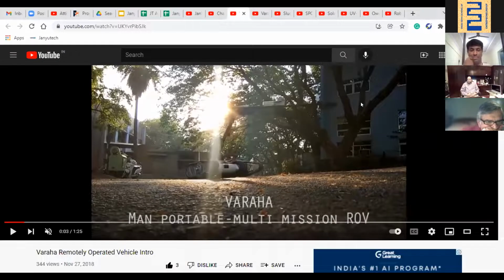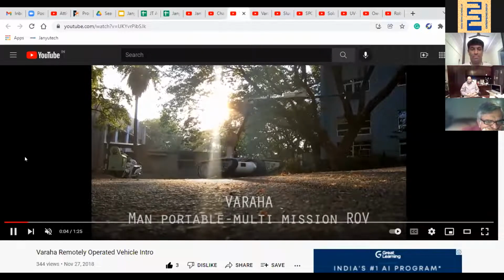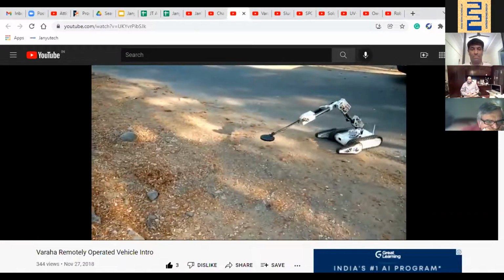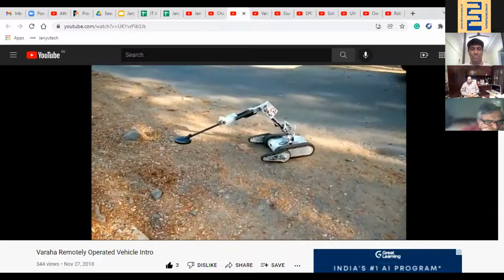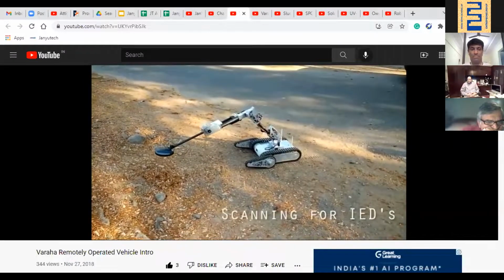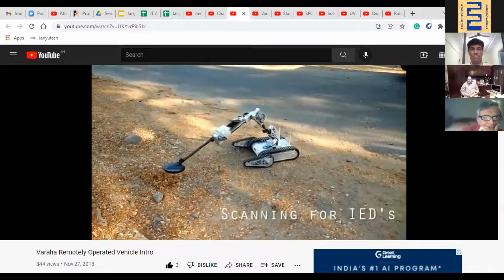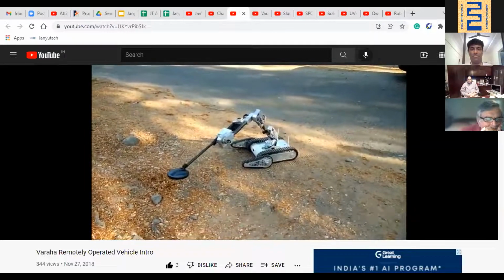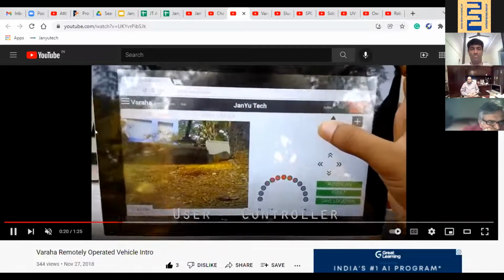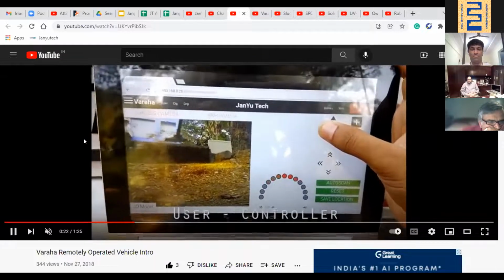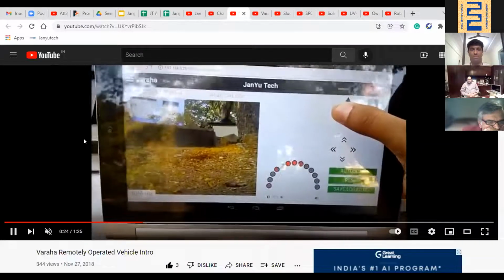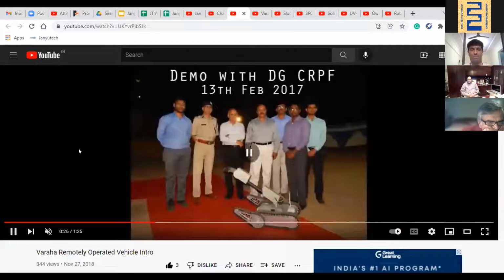You can see the transit building in the background here at IIT Bombay. In roughly September 2015, I had gone to Naxal-affected areas, Jagdalpur, Sukma, Sarkeguda, and places like that in Chhattisgarh. CRPF, one of the largest paramilitary forces, had a requirement for IED detection and disposal robots.